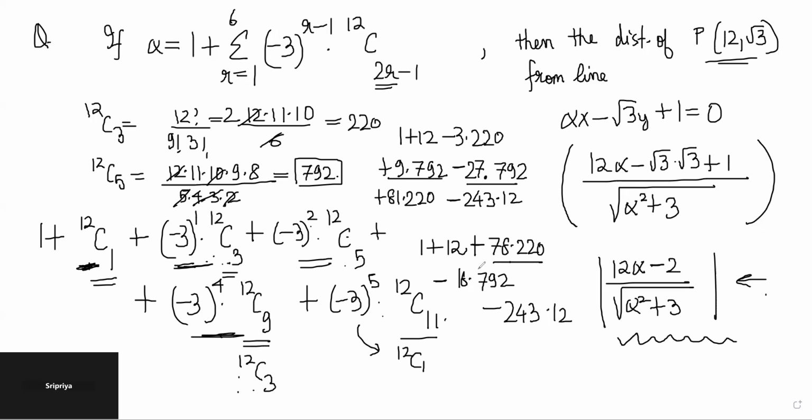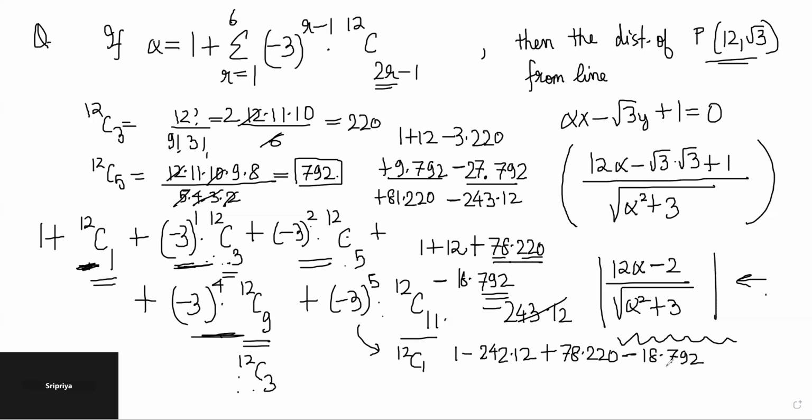Okay, so 792 and 220 and 78 and 18. Fine. So I'm getting 1 minus 243 into 12, so minus 242 into 12, and plus 78 into 220 minus 18 into 792.